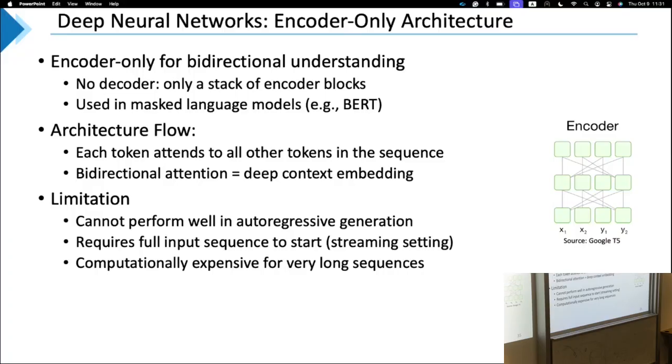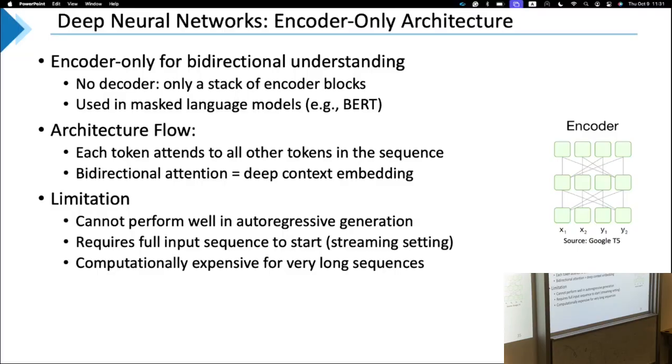So let's say you have 10 pieces of data per second sending to your data center. And for this encoder-based architecture, it needs to wait until all the sequences are ready to start the processing. So this waiting time is very long. So this is one drawback of encoder-only architecture.